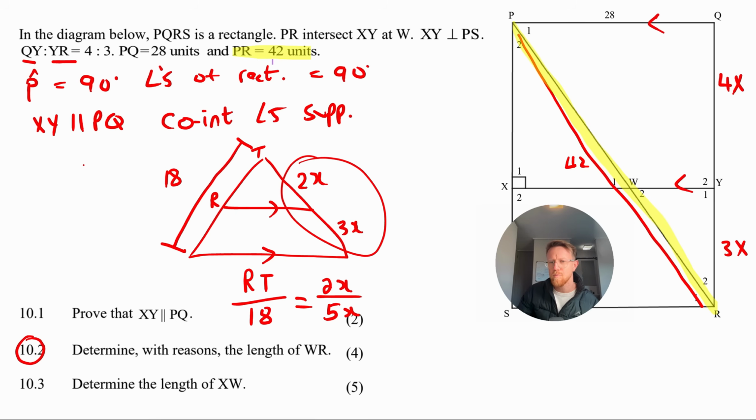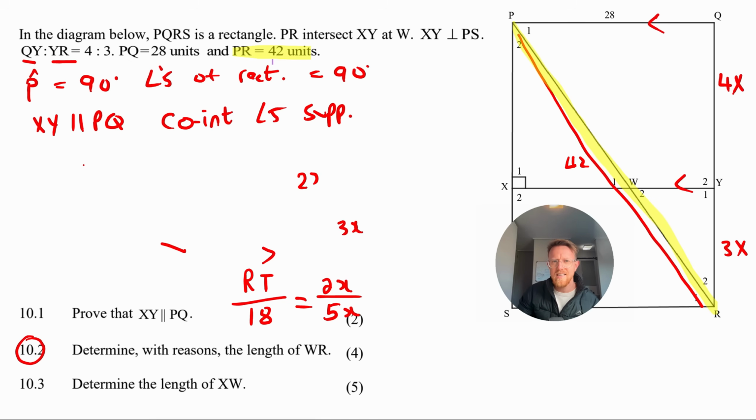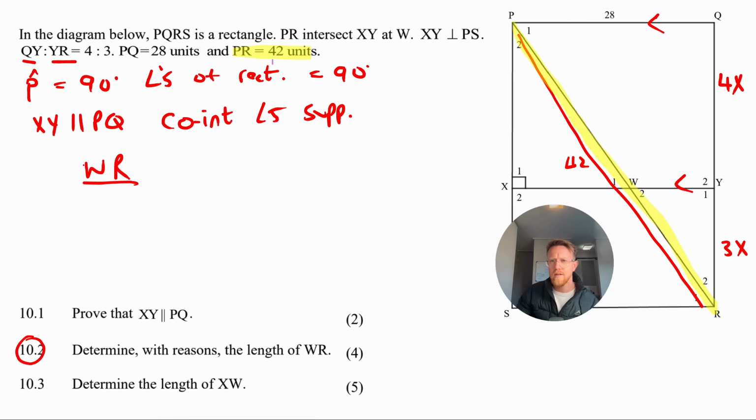And that would just be the proportionality theorem, which we're now learning in grade 12. Whenever you have a triangle with parallel lines, you can say that over that is equal to that over that. We're going to use that exact same method now, where we can say WR over the entire length, which is PR, is equal to RY over its entire length.